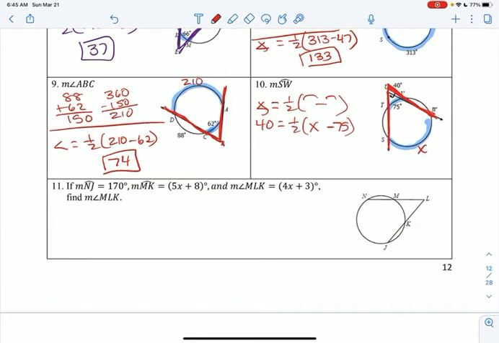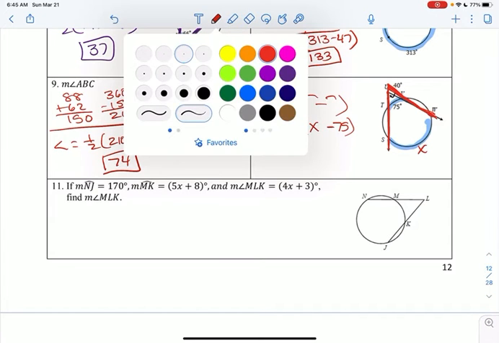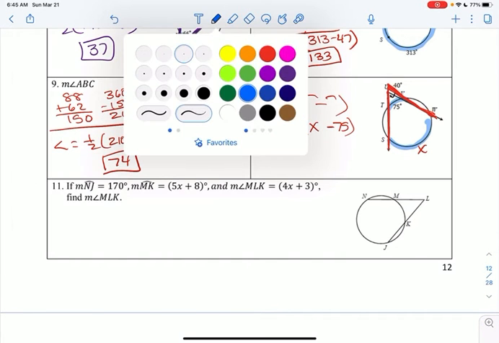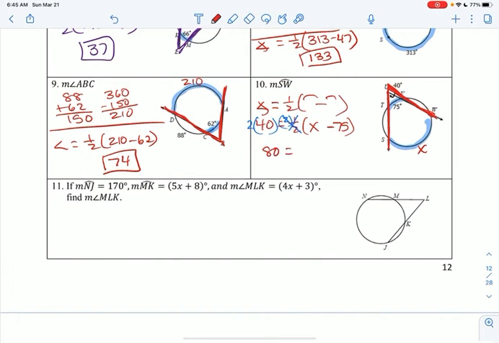Now remember what we did before. To get rid of that fraction, I just multiplied by 2. Gone, but I have to multiply the other side by 2. So 80 equals x minus 75, and then I'm just adding 75. All right, so just showing you a variety of different problems.